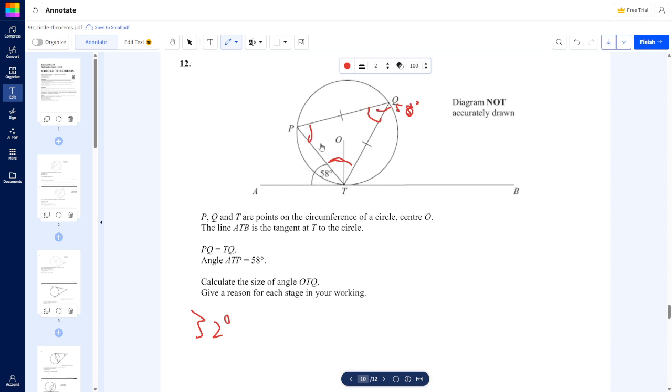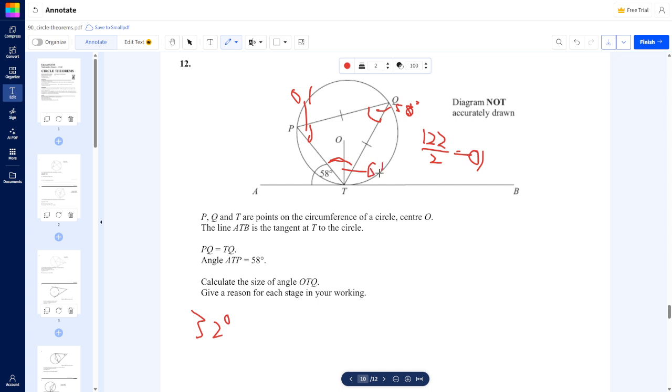Then we can find the size of these angles by doing 180 minus 58 to get 122. So these two together have to add to 122. Because they're the same, you can just do 122 over 2 to get 61, which means this whole thing is 61.